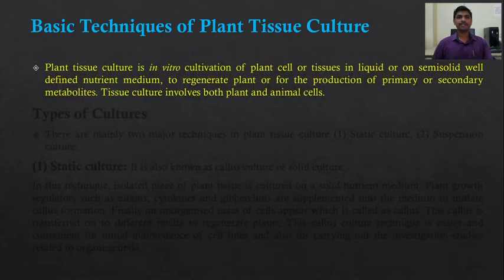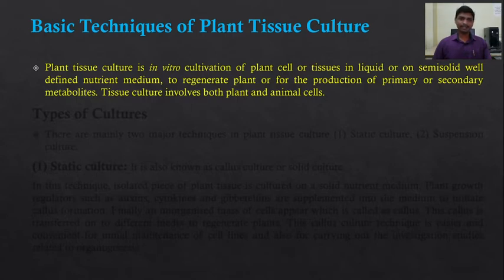Plant tissue culture is the in vitro cultivation or culture of plant cells or tissues in liquid or on semi-solid, well-defined nutrient medium to regenerate plants or for the production of primary or secondary metabolites. So in plant tissue culture, we cultivate plant cells or tissue in liquid or semi-solid nutrient medium.